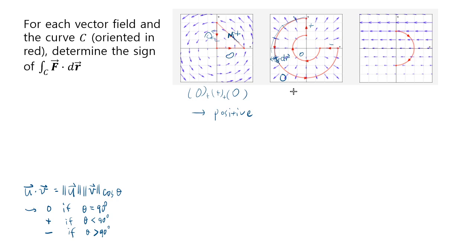So it's going to be 0. Okay, so it will be 0 for the outer circle, 0 for the inner circle, and then plus and then minus added, and they cancel. And because they cancel, the answer would be 0.